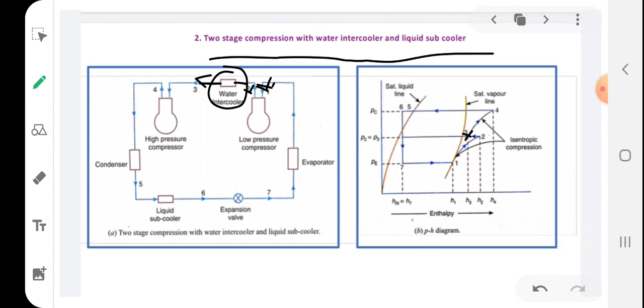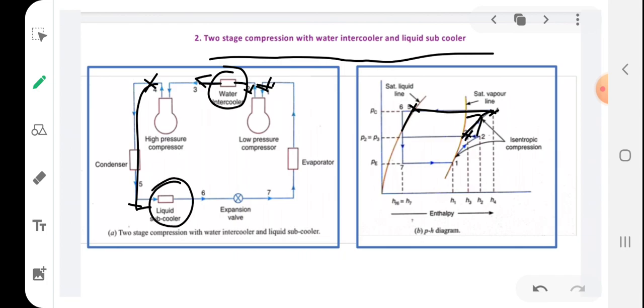De-superheat means we are cooling the superheated vapor. So we are de-superheating that particular vapor, and again from 3 to 4 it is isentropically compressed. From 4 to 5 condensation takes place at constant temperature.